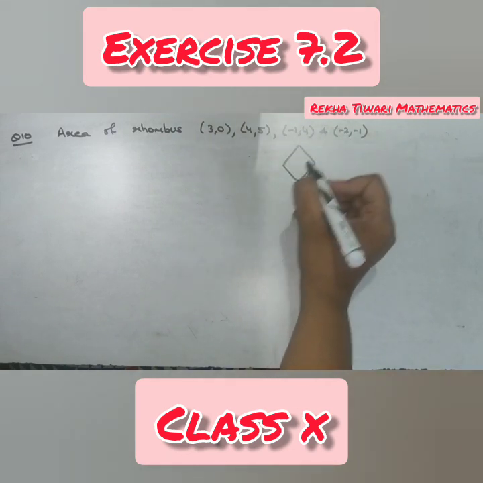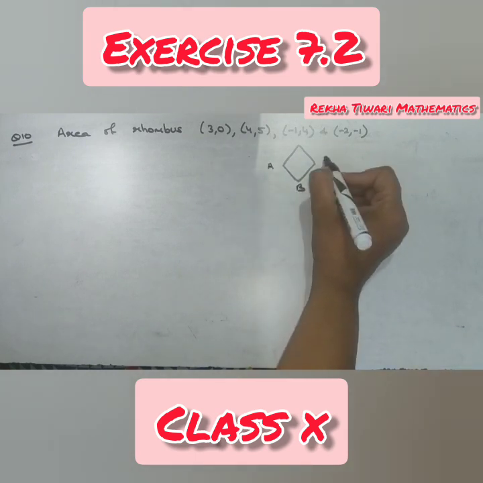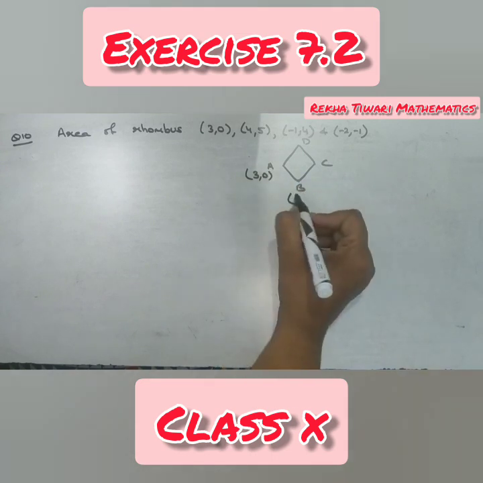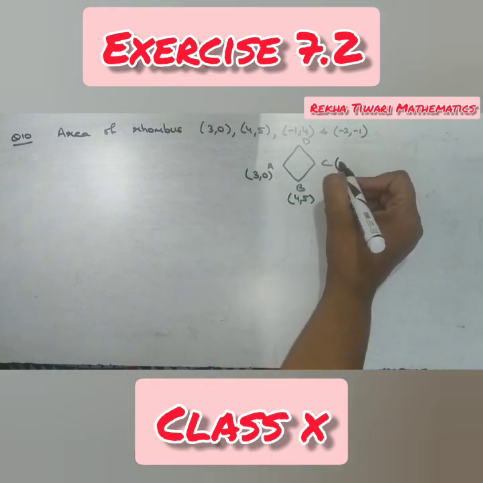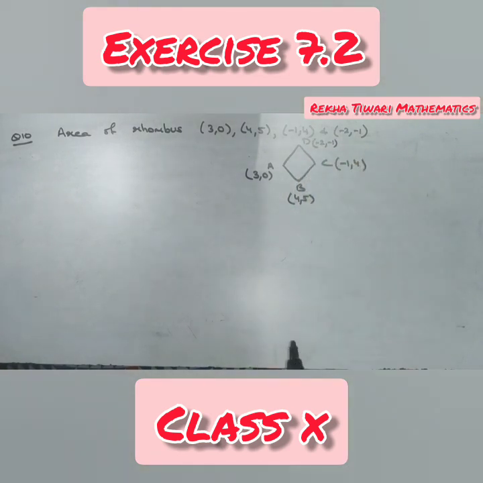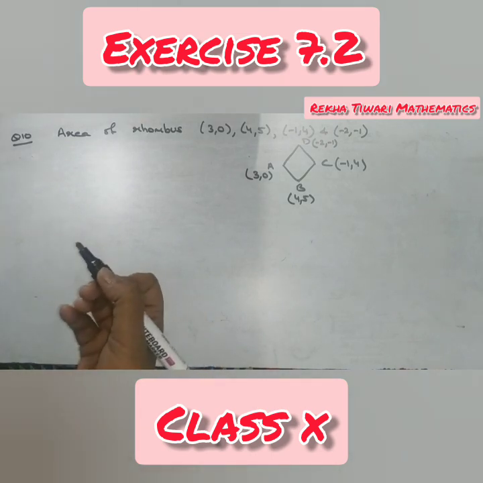This is the rhombus. Let the points be A, B, C, D. Write down the coordinates in order. So this is (3, 0), (4, 5), (-1, 4) and (-2, -1). Now first of all we should know the formula of area of rhombus.